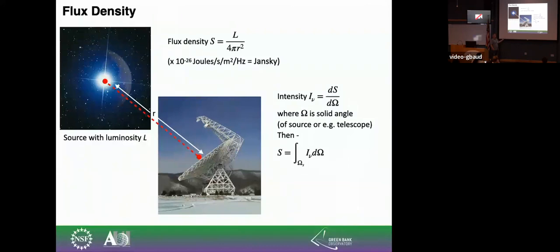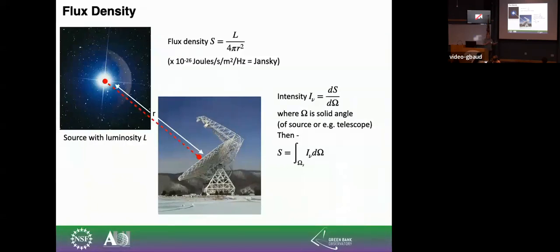That luminosity L is radiated over 4 pi r squared, a sphere expanding into space. Then the intensity coming from that flux density is that flux density divided by the solid angle.